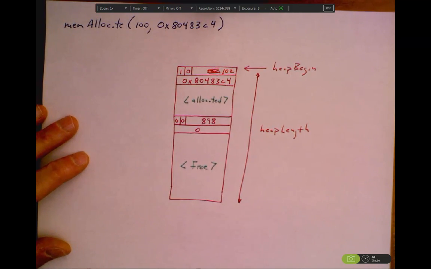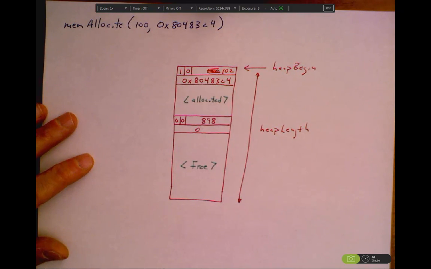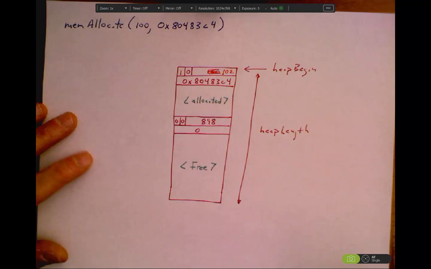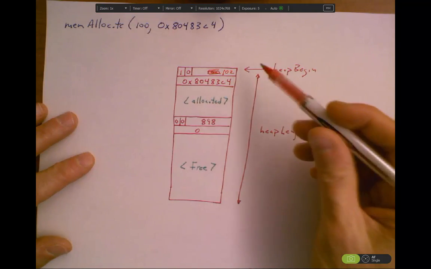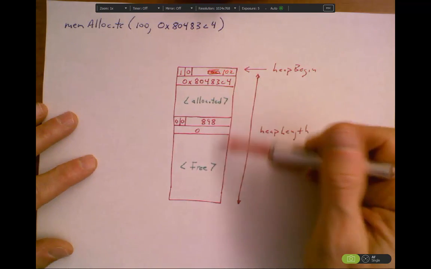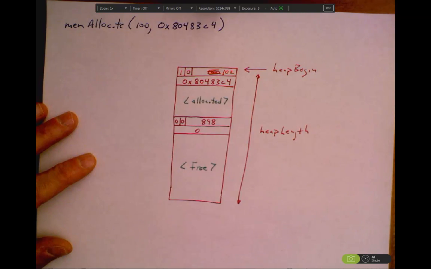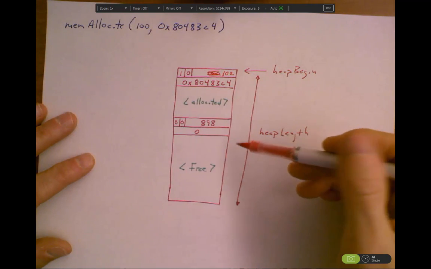So memallocate would make that kind of operation. In general, after time has proceeded for a while and you've been processing memallocate calls, your memallocate routine might actually have to search through here for a big enough free block to allocate the user's current request from. And there's all sorts of subtleties there.